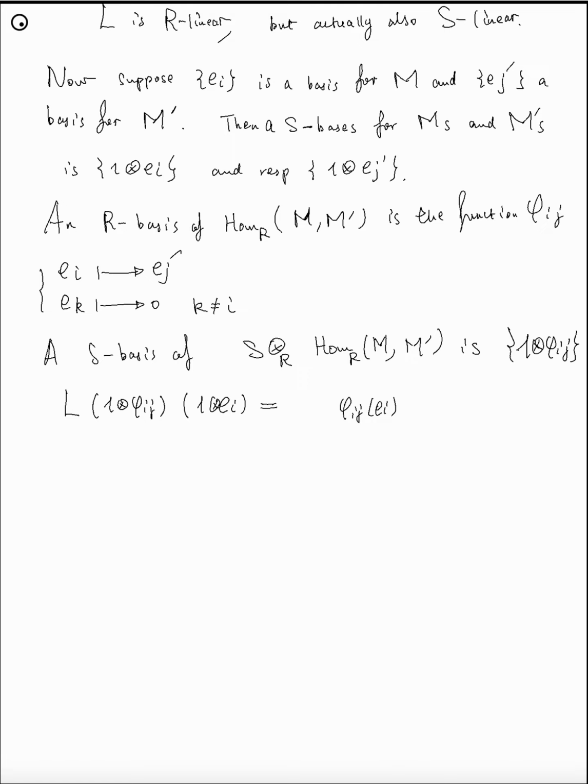More rigorously, this is 1 tensor phi_ij, and so this is 1 tensor e_j prime by our definition of phi_ij, and all others would be mapped, obviously, to 0.